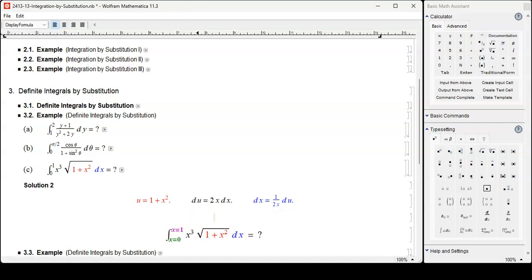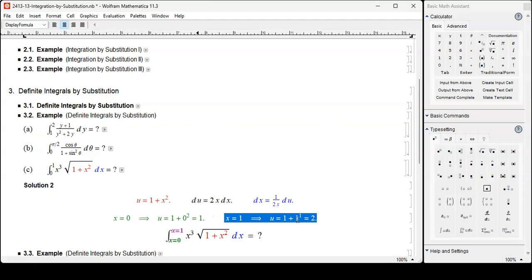Okay, all right. What happens at x equals 0? U is 1 plus 0 squared. U is 1. All right, that's the starting point. What if x equals 1? Then u is 1 plus 1 squared, so u is 2.